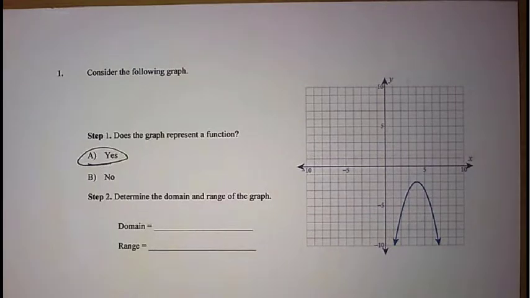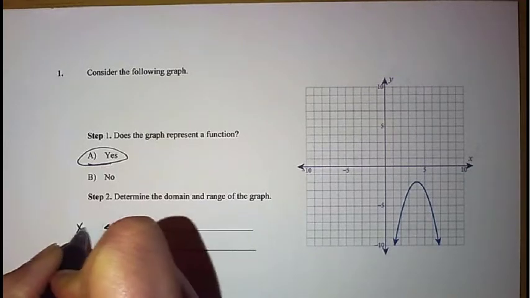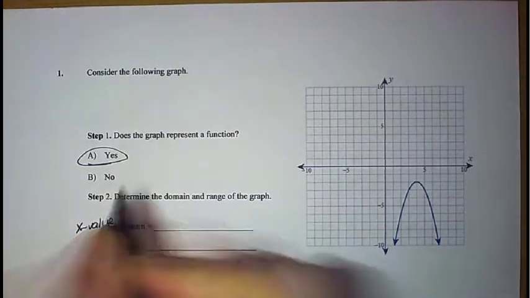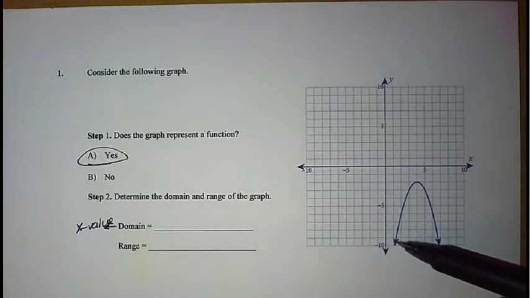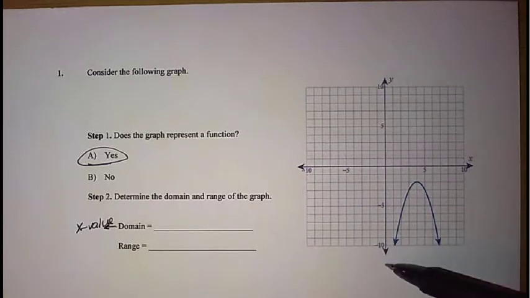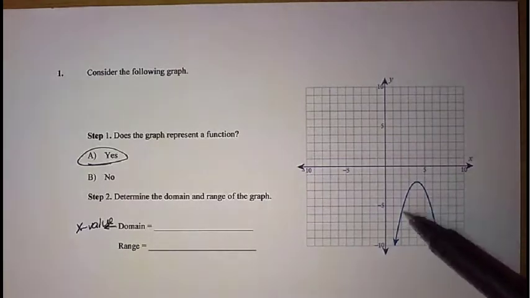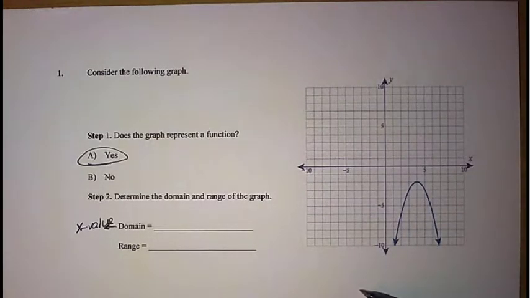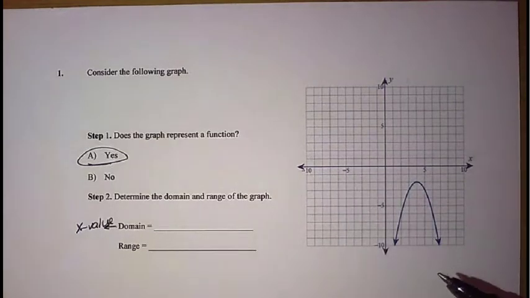Now for our domain, again remember that domain are your x values. So I'm looking across this way, and I want to again remind you, as my arrow goes out this way and this way, it's continuing on forever. So I want you to think about, as I'm going to the left and this arrow keeps dropping and dropping, I'm continuing to have value over here on the left hand side or the negative side.